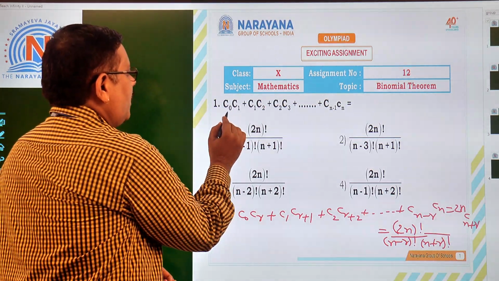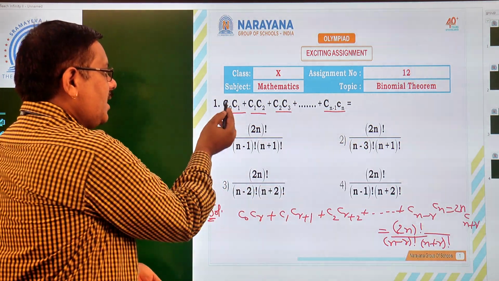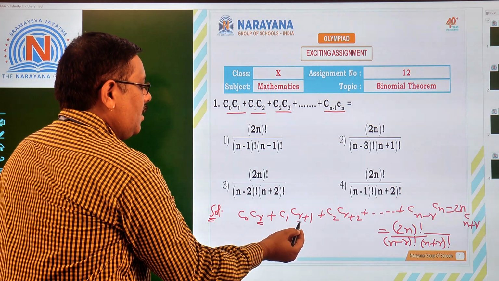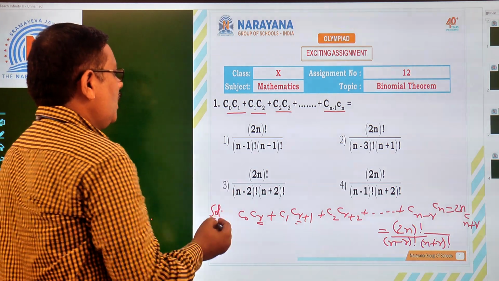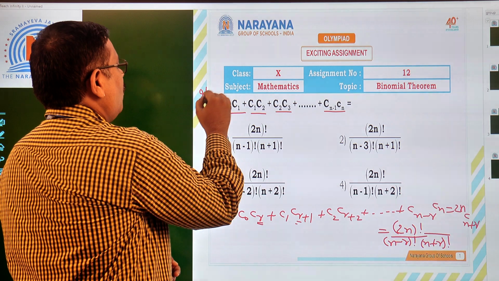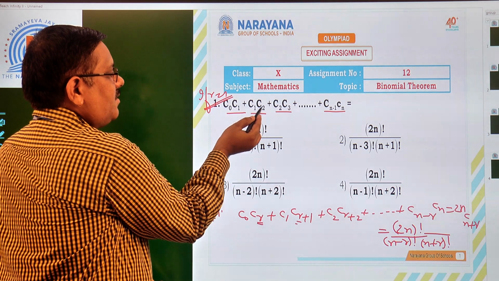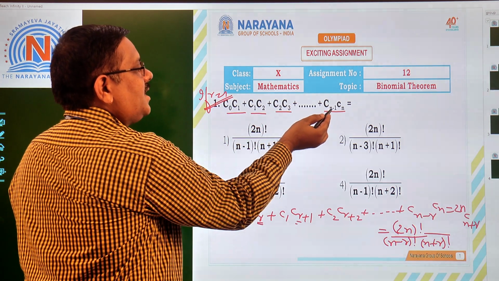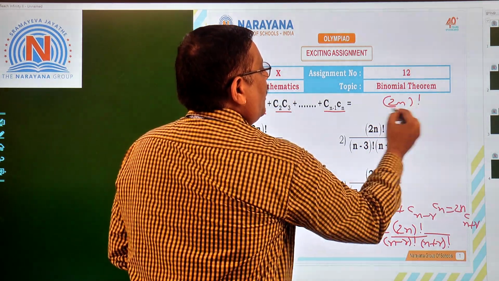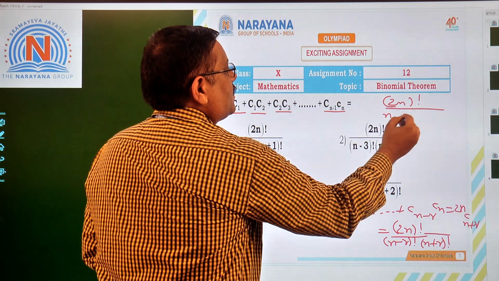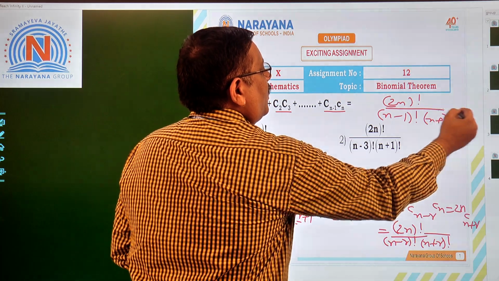If you observe here, we have C0 C1, C1 C2, C2 C3, Cn minus 1 Cn. By looking at that, we can understand that r is replaced with 1. If I take r as 1, C0 C1 plus C1 C2 plus C2 C3 so on plus Cn minus 1 Cn is going to be 2n factorial by n minus r, that is n minus 1 factorial, into n plus r, that is n plus 1 factorial.